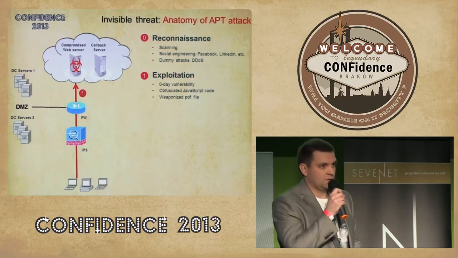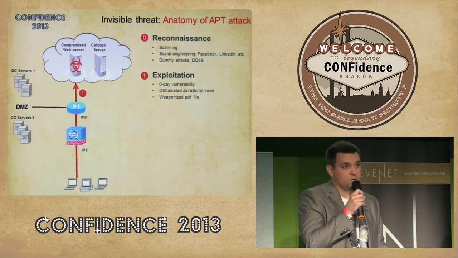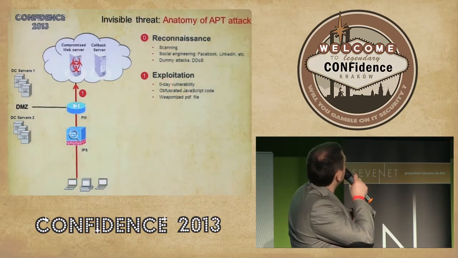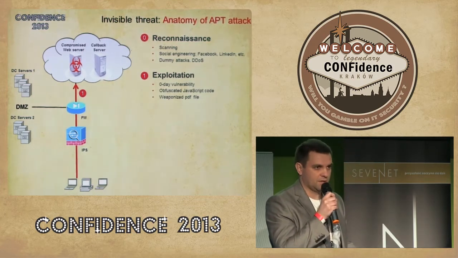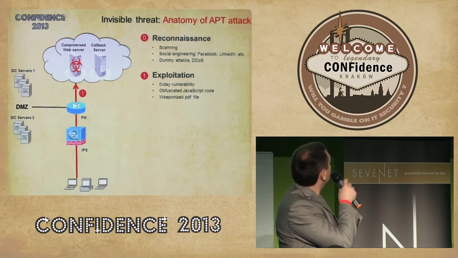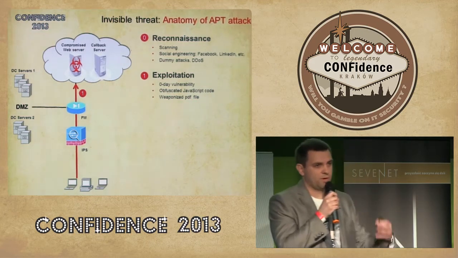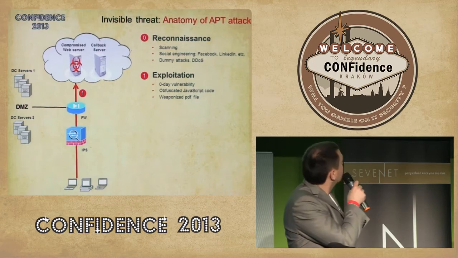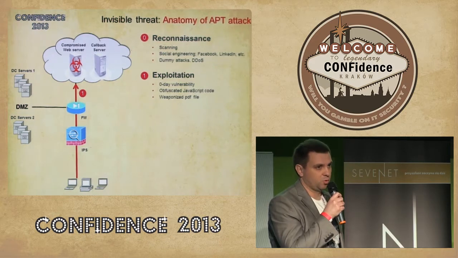Most exploits use zero-day vulnerabilities, which are very dangerous because nobody knows about them. During this phase, we can observe many obfuscation techniques which allow the attacker to be invisible in the network. So we have obfuscated JavaScript code. We also have a specially prepared PDF file delivered to the victim. After this phase, the victim machine is exploited.